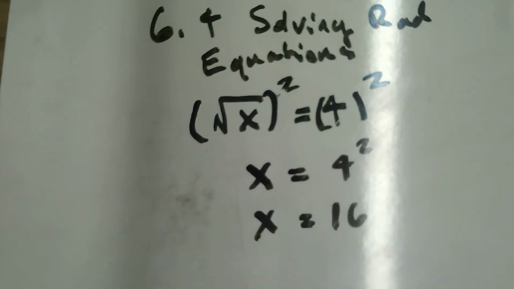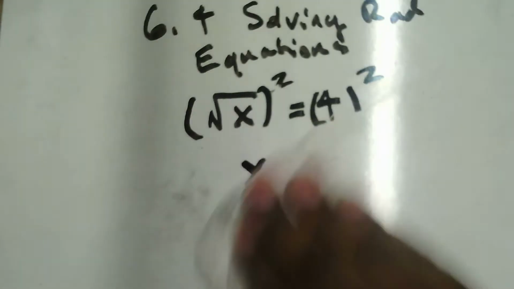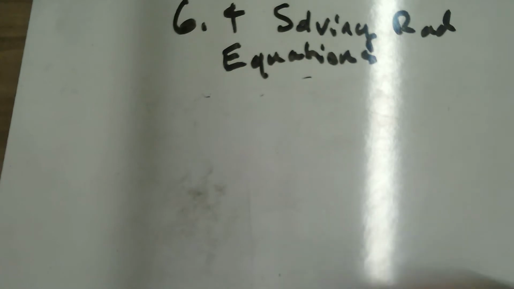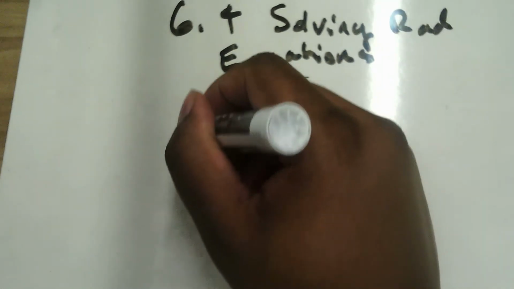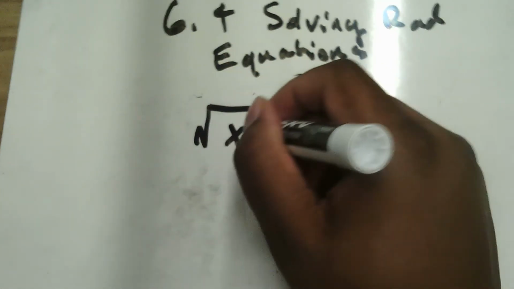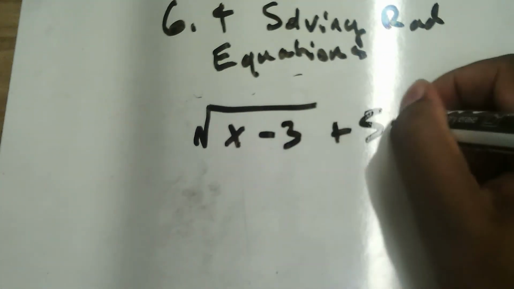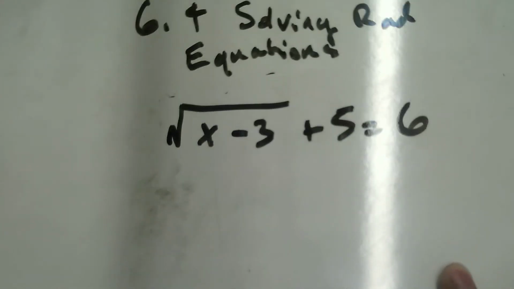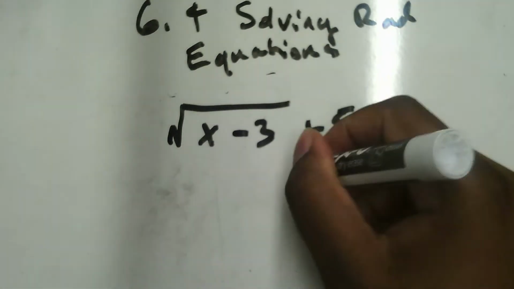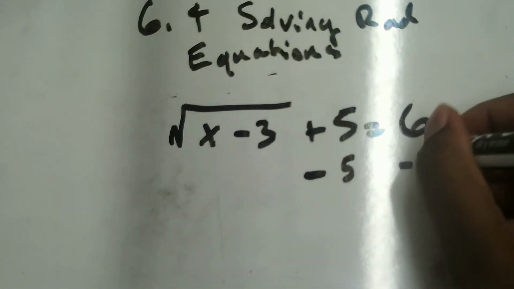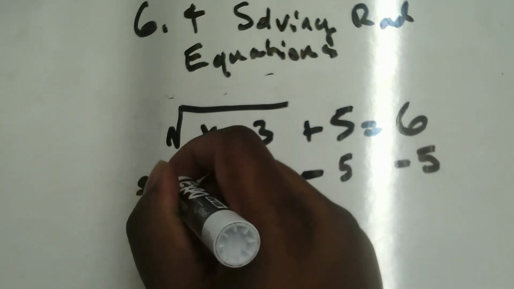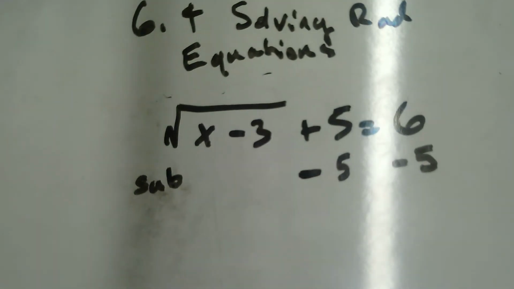So let's do some problems together. Let's say we had the square root of x minus 3 plus 5 equals 6 or something like that. First thing you're going to do, subtract 5 from both sides. Why?